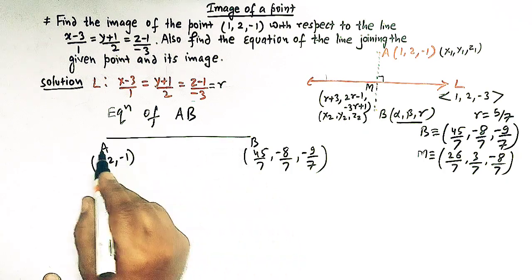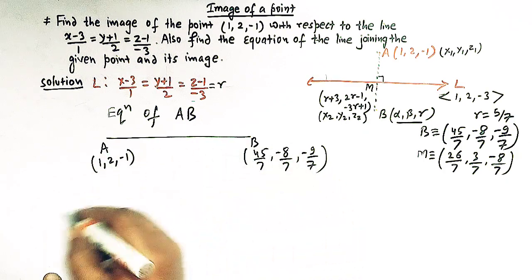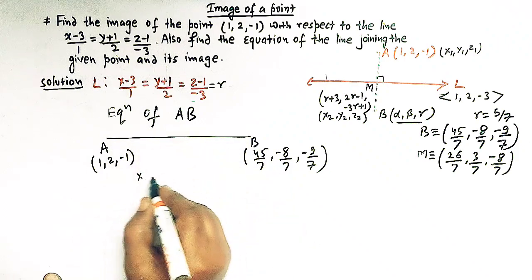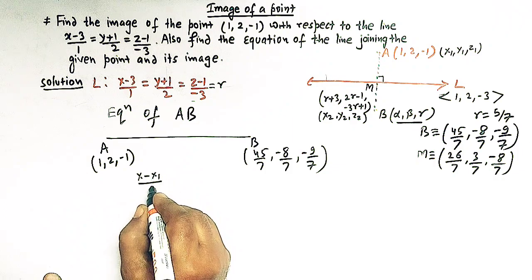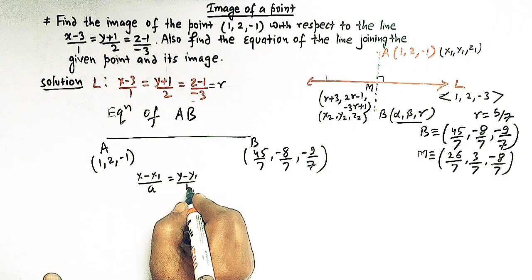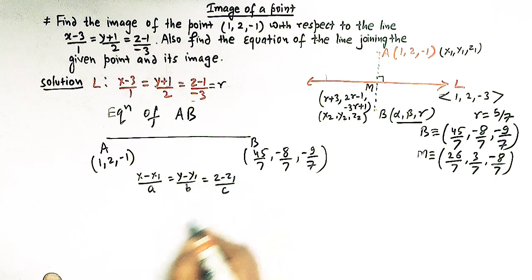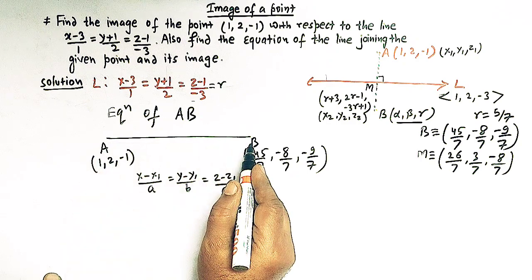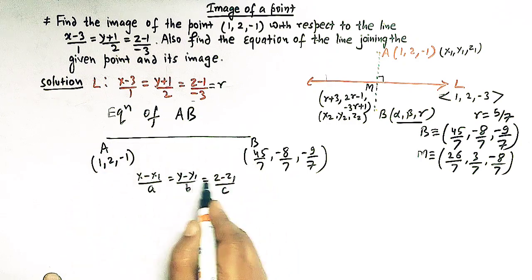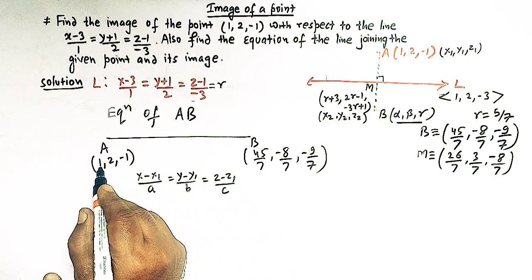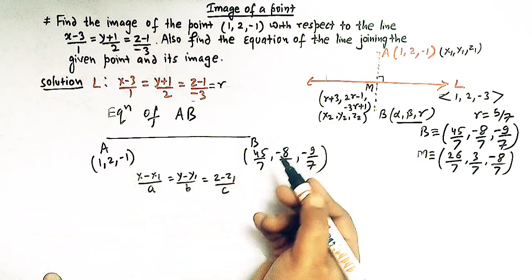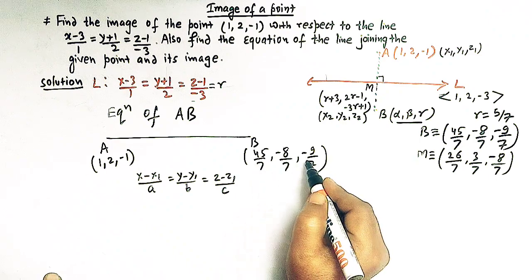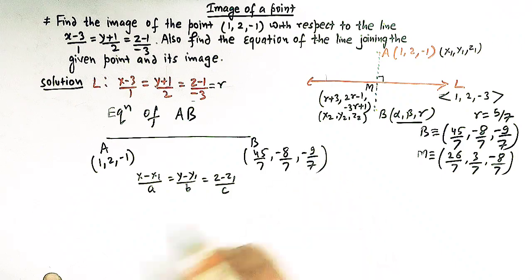So to get the equation of this line AB, we can make use of the symmetric form of the equation of the line, that is x minus x1 over a, y minus y1 over b, and z minus z1 over c, where a, b, c are the direction ratios of this line AB, and x1, y1, z1 can be taken as this point 1 comma 2 comma minus 1, or this point, that is 45 over 7 comma minus 8 over 7 comma minus 9 over 7, right?